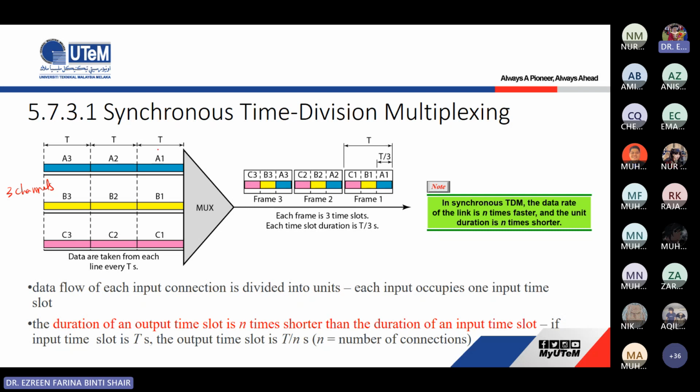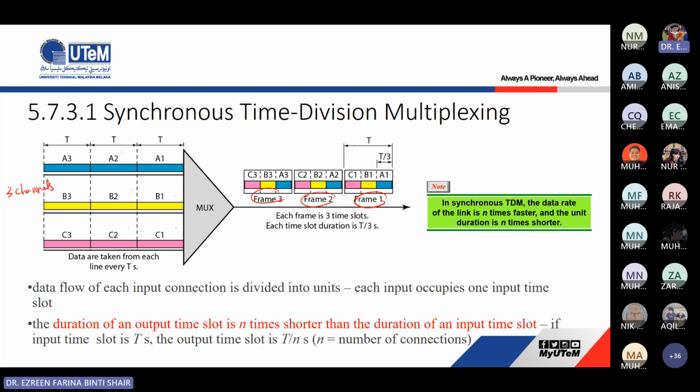For the output of the multiplexer, for frame 1, you will have 1 bit from channel A, 1 bit from channel B, and 1 bit from channel C. For frame 2, again 1 bit from channel A, 1 bit from channel B, and 1 bit from channel C. So you will have something like this, and this we call frame 1, frame 2, and frame 3.